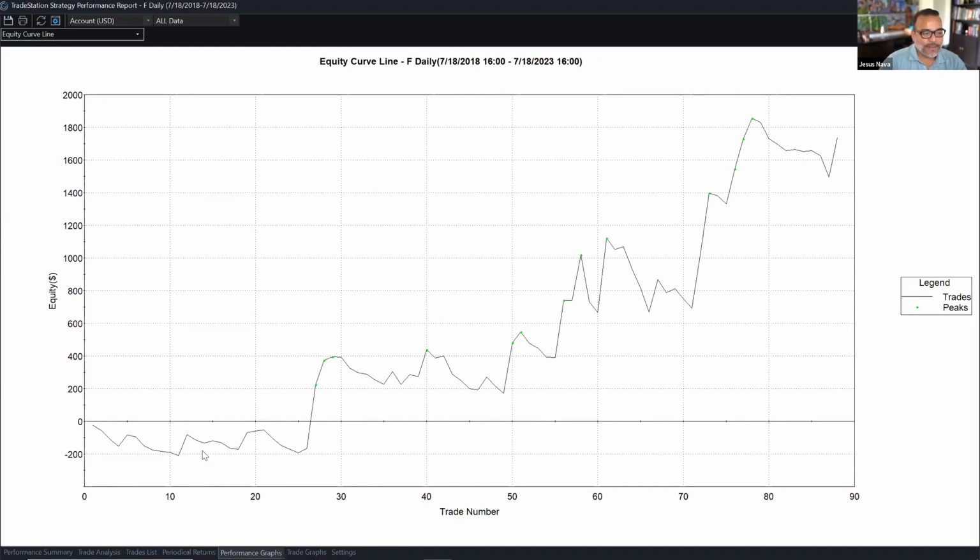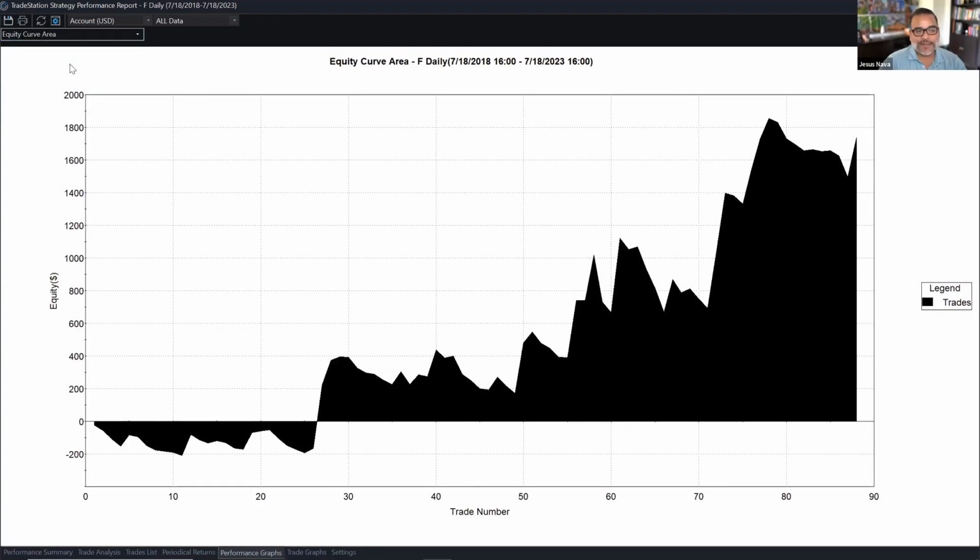So keep a visual picture of this line. I'm going to switch it here to the area, and it's exactly the same. It does go inverse when it goes to the negative side. So you can see the negative area that we pointed out at the beginning of our backtest, but it just gives you a different graph of the same line.